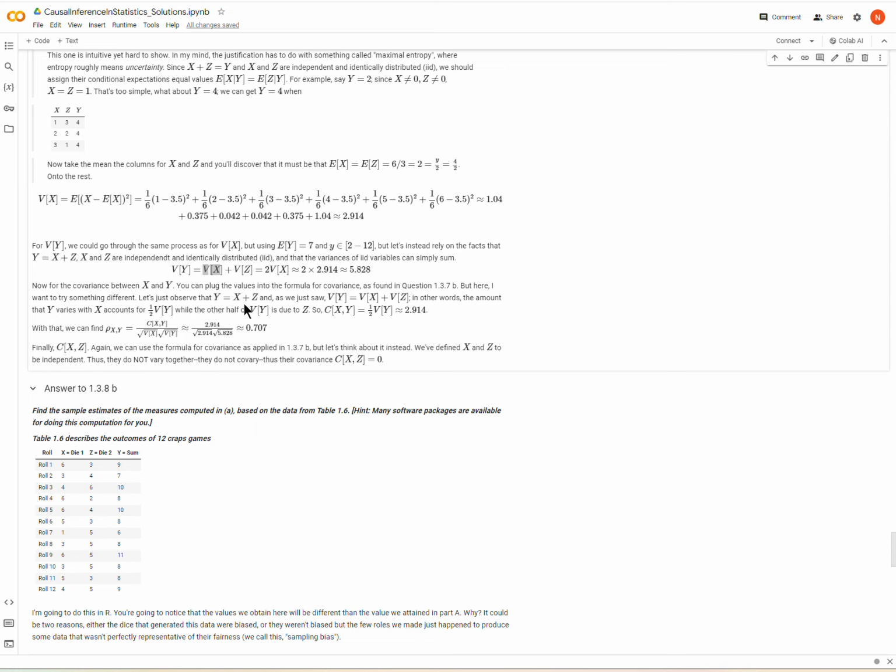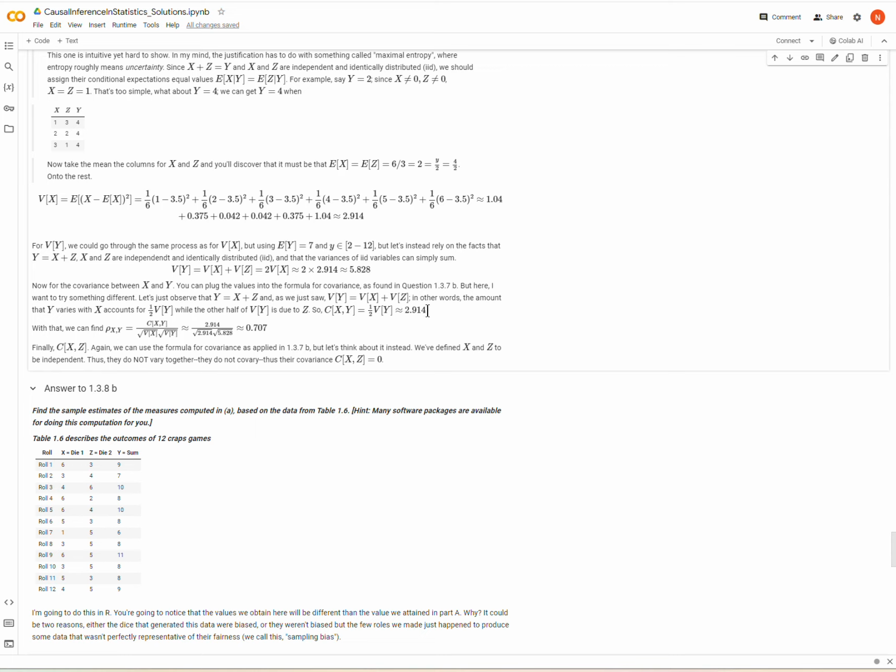So we could put that into English a little better: the amount that y varies as x varies is 1/2 of the variance of y, and the other half is because of the variance of z. That means the covariance between x and y is 1/2 of the variance of y, which in this case happens to be the variance of x, 2.914.